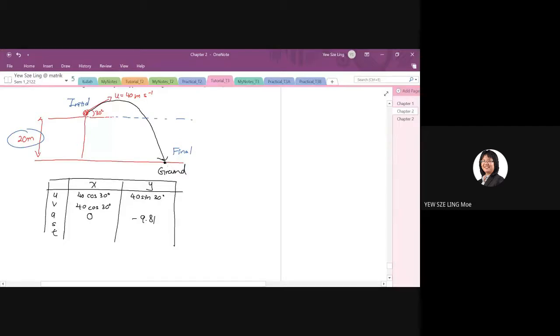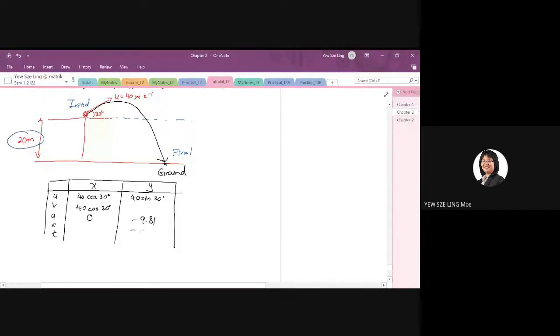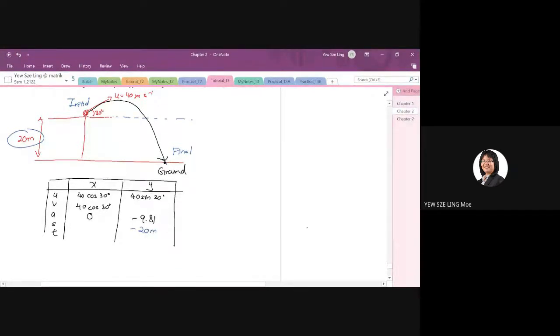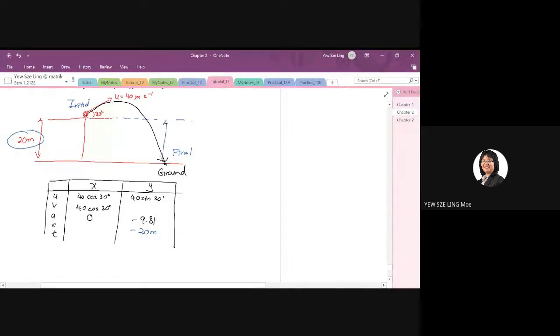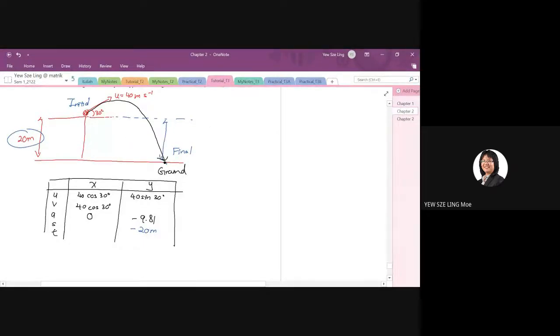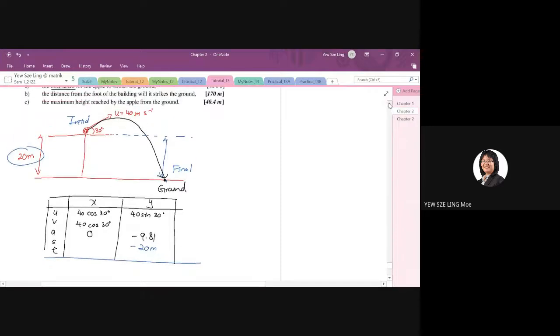It's below. So we have Sy equals negative 20 meter, because the final position, the ground, is located 20 meter below your initial level. Sx we don't have, and time we also don't have. That is our table.